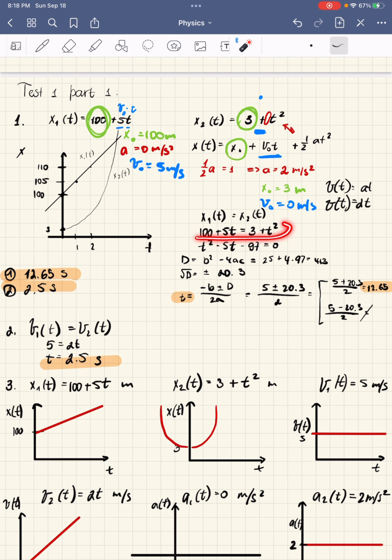From here, we get this, and since I'm not from here, I did it in my school a little bit differently. So here you have this formula, which is x equals minus b plus or minus the square root of b squared minus 4ac, divided by 2a.